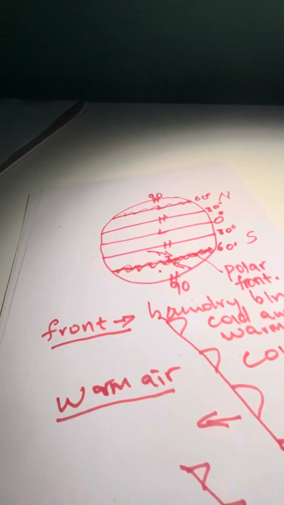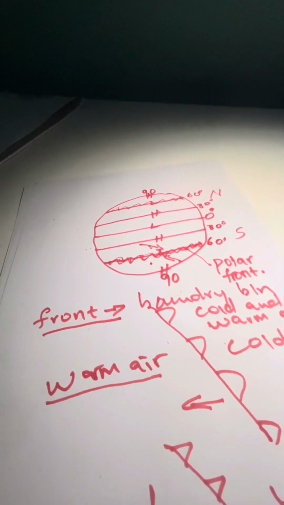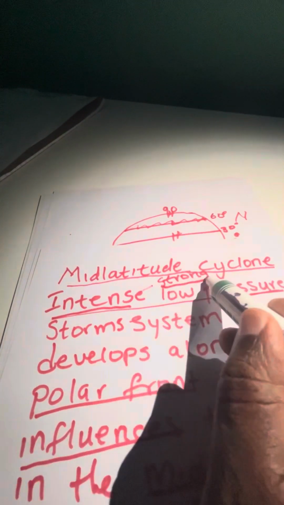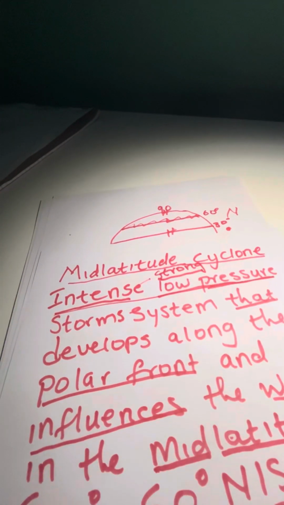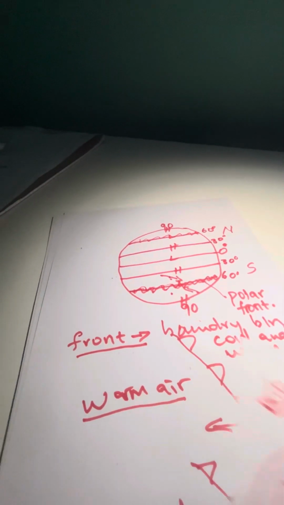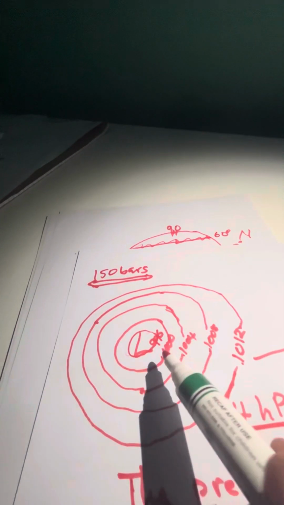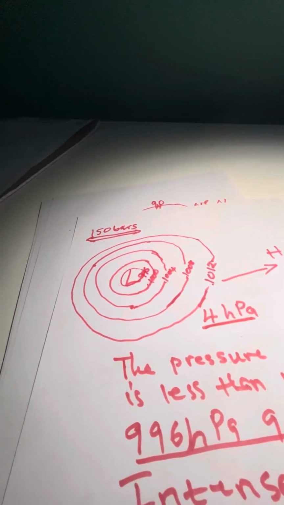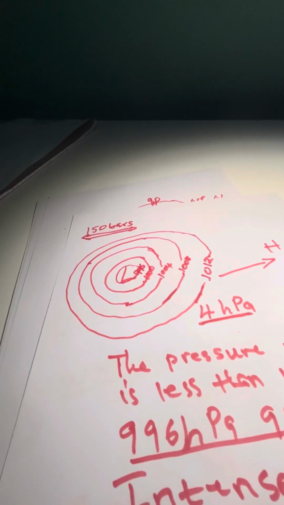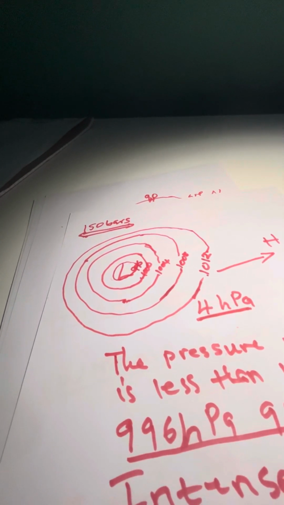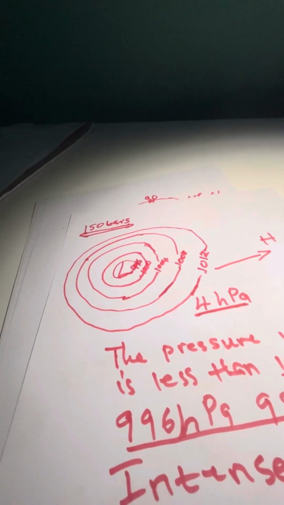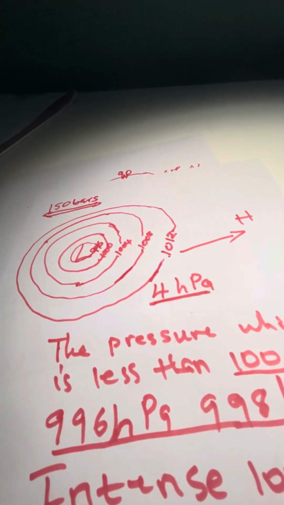So now we understand that this system is a system of intense, strong low pressure. How do we know that low pressure is strong? We know that low pressure is strong when the pressure is less than 1000 hectopascal. So we go to our synoptic weather map and check the pressure there.